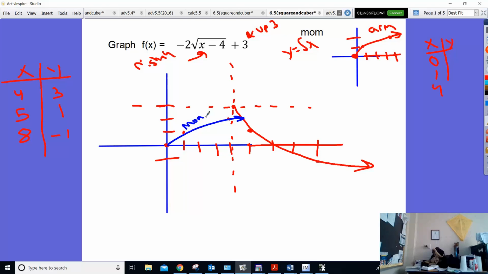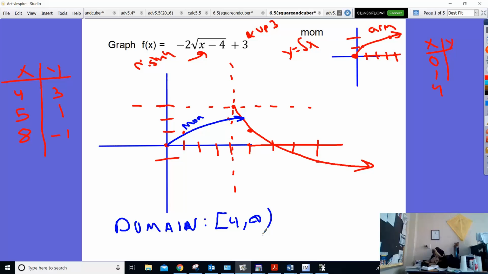Yeah, Sean? Domain. Domain would be bracket 4, comma, infinity. Bracket 4 to infinity, I agree with that.